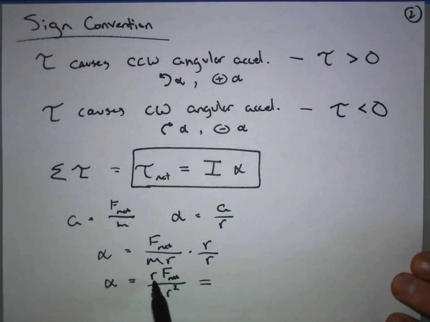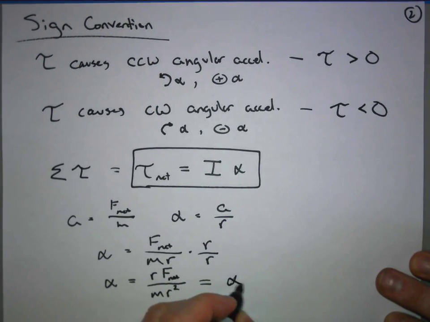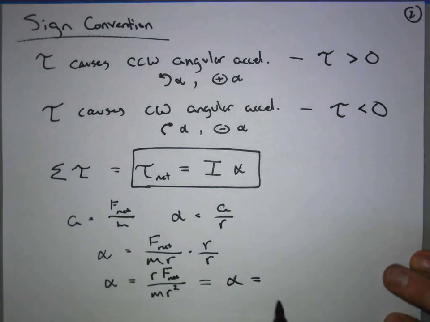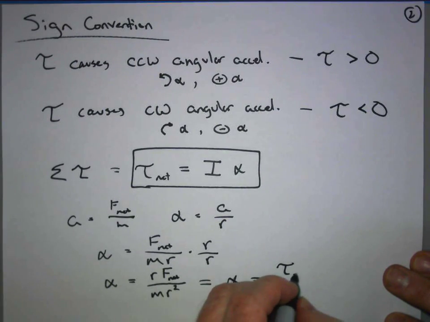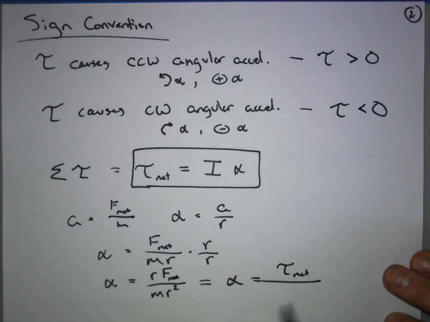And radius times force, well, that's where we came from to produce a torque. So essentially, we have the net torque, or the sum of all the torques, divided by moment of inertia, will produce an angular acceleration.